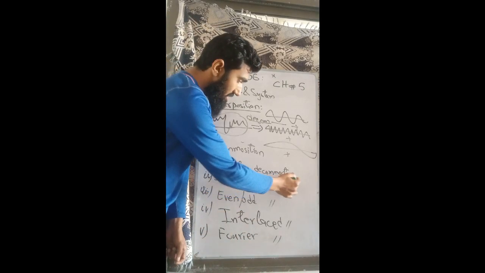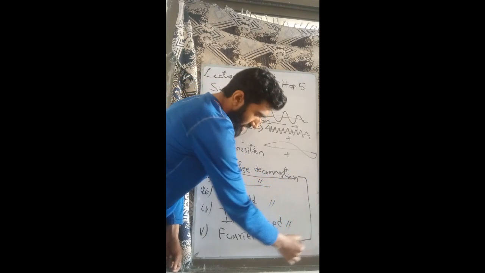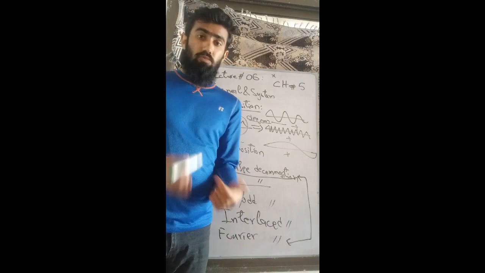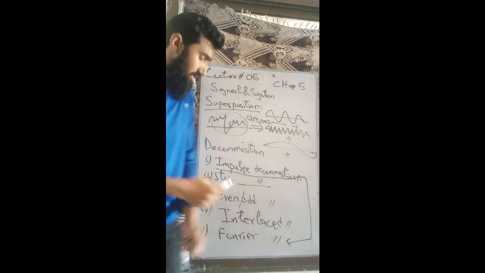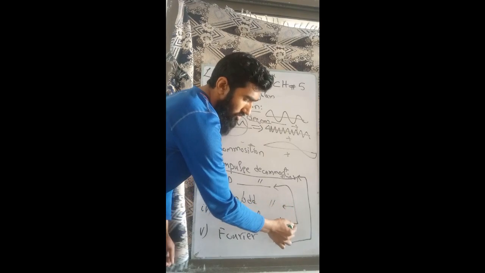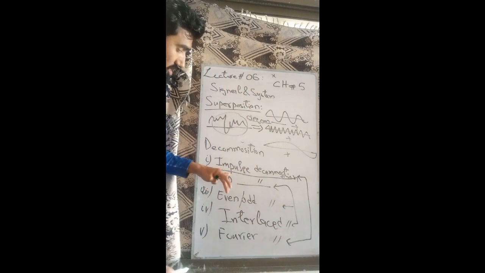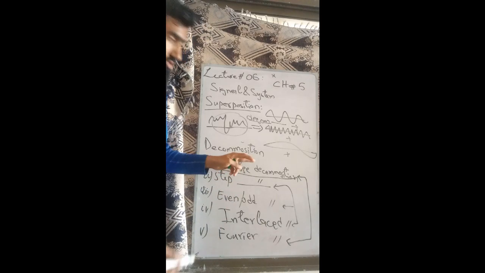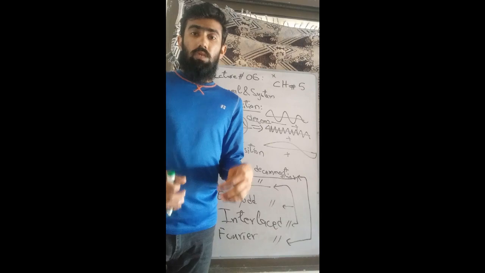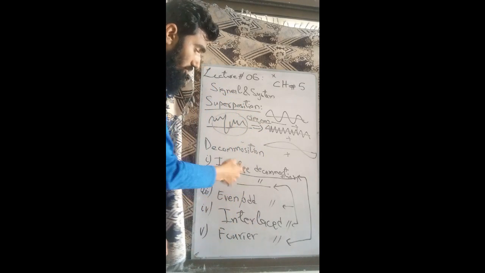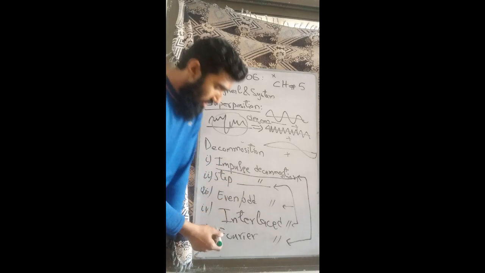The impulse decomposition and the Fourier decomposition are very useful decomposition processes. The other three may sometimes be used and sometimes not. They are not very common, but these two processes, especially impulse decomposition, are the core of DSP. So impulse decomposition is very important.